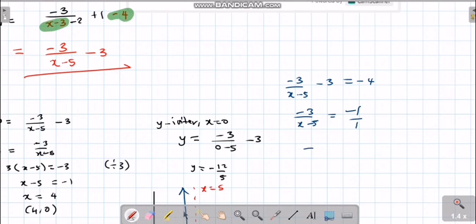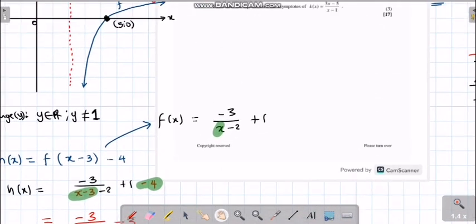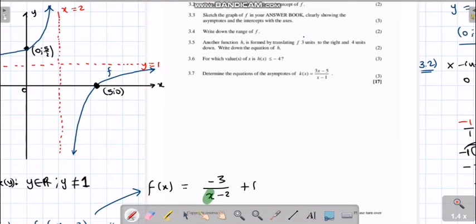Then you cross multiply: -x plus 5 is equal to -3, and then x is equal to 8. But you can also do it this way, because we can take the x-intercept of f, drop it down by 4 units, then take it to the right by 3 units.